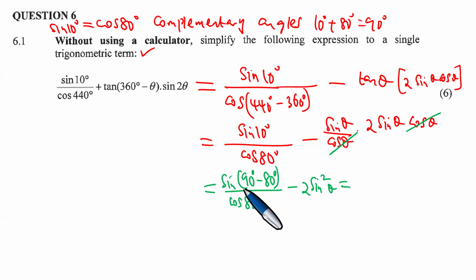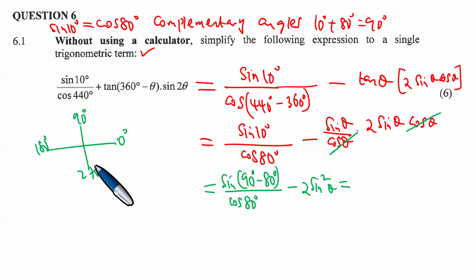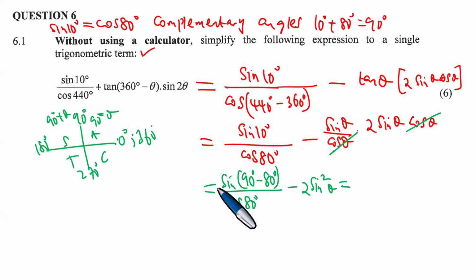The 90 minus angle is in the first quadrant, where by the CAST rule all the trig ratios are positive, but it changes to its cofunction, the cosine of 80 degrees, divided by the cosine of 80.